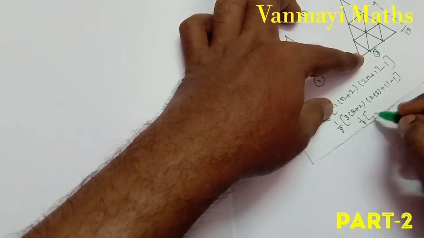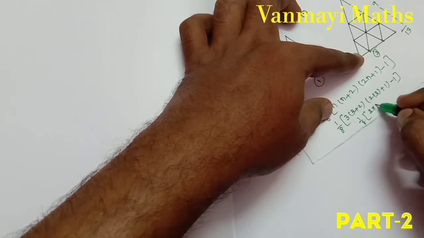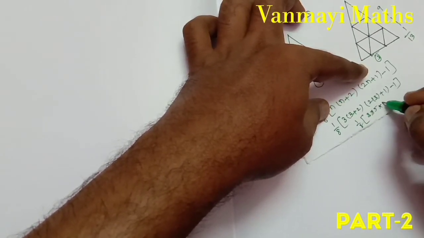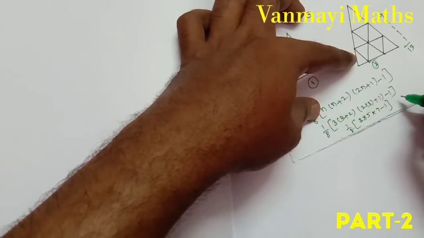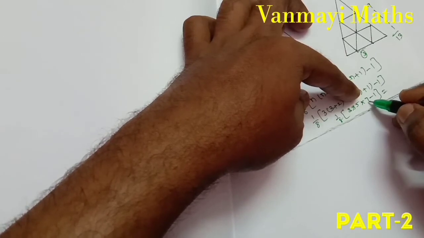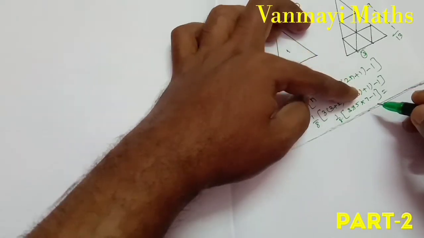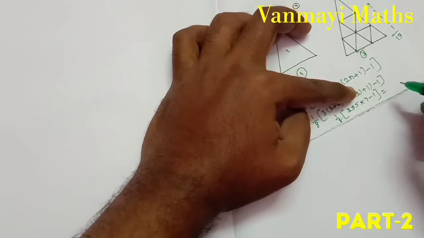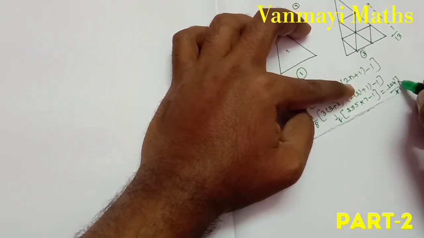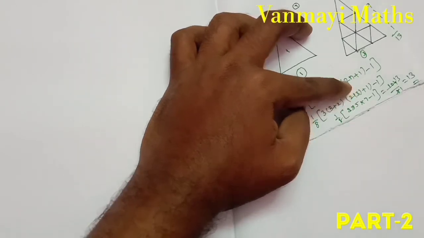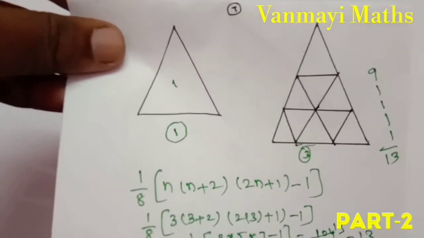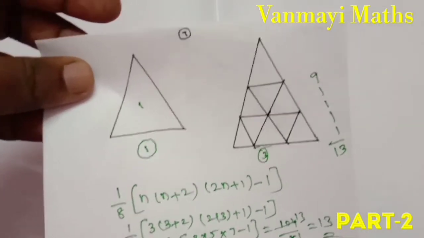So 1 by 8 into 5 times 7, that is 35, wait: 3 plus 2 is 5, 2 times 3 is 6 plus 1 is 7. 5 times 7 is 35, and 3 times that gives 105, minus 1 is 104, by 8 is 13. So you are getting 13 triangles. This is the easiest way to find the number of triangles if n is an odd number.